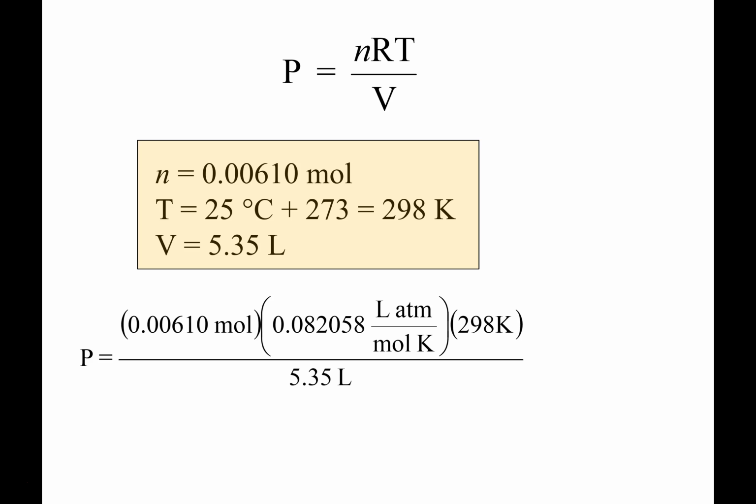And then, as is always the fun part of working problems in physical science, we get to cancel units. Moles cancel, Kelvin cancel, and liters cancel. And we're left with units of atmospheres, which is perfect. Well, sort of, because in a minute we're going to have to compare it to torr somehow. We can do that.